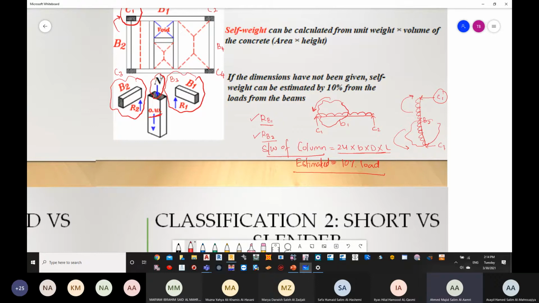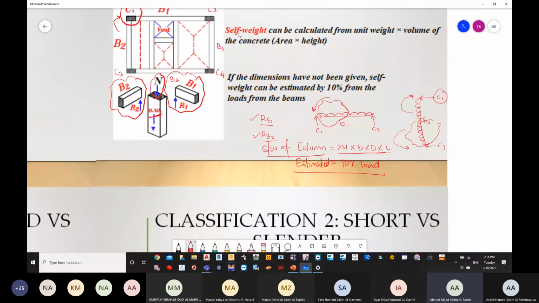It will be calculated as 24 into the unknowns, which are B, D, into L. If they have not been given, then you can calculate it as 10% of the load. If the dimensions have been given, self-weight is going to be a clear value of 24 into width into depth into L or height. If it's not given, then you need to estimate it as 10% of whatever load.